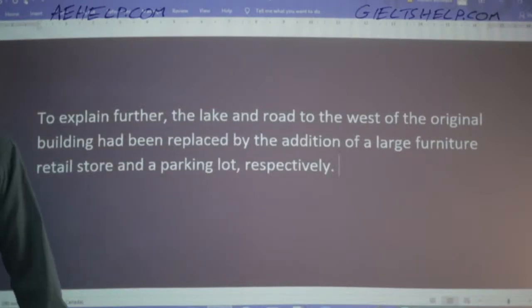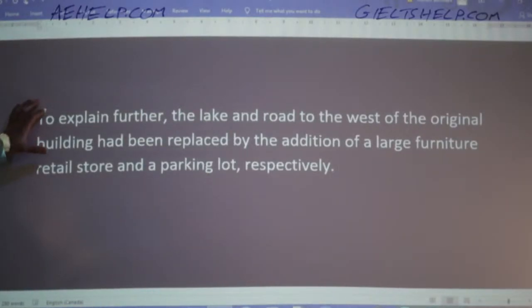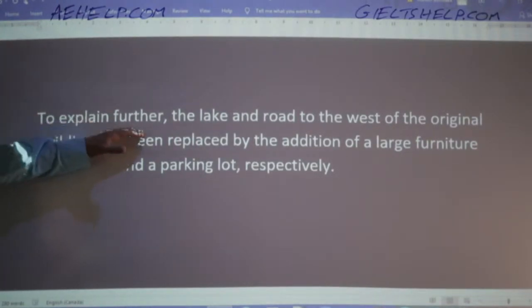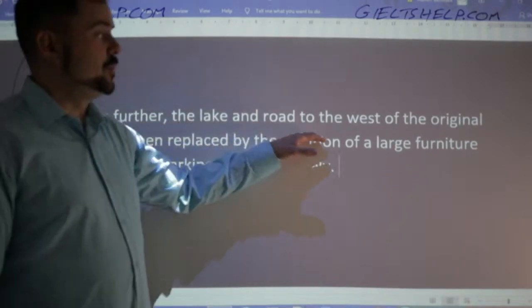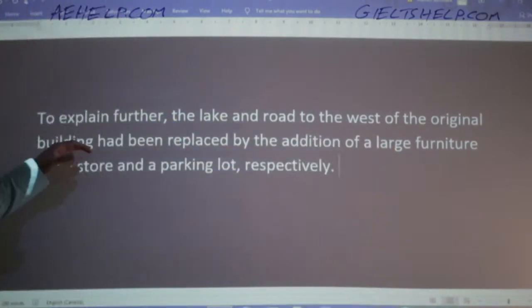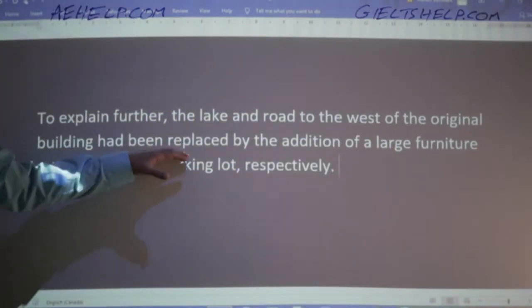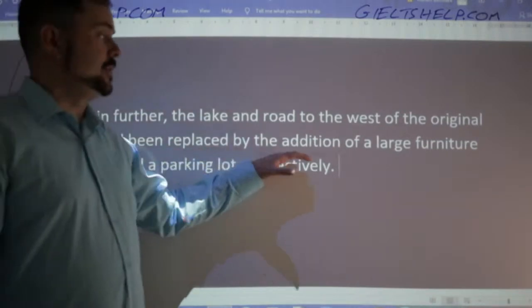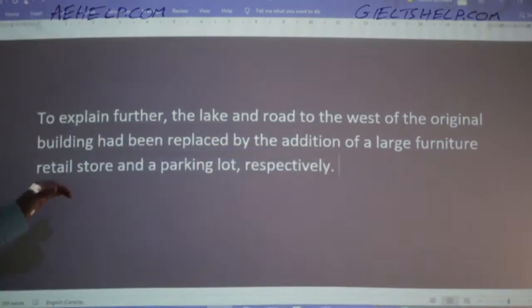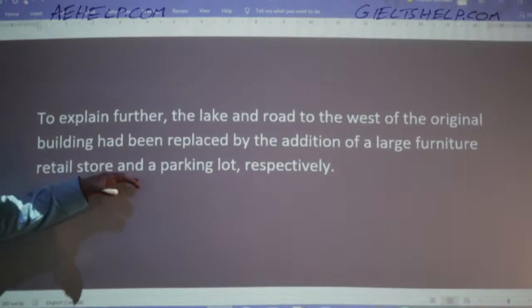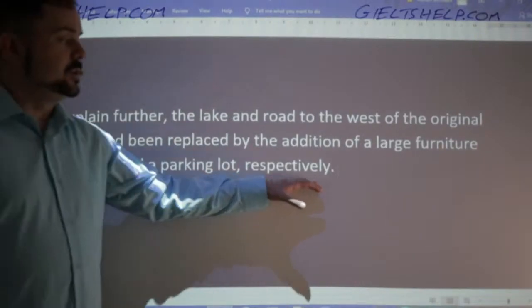So this is what I mean, Rashika. Here in the beginning of my analyses, this is where I go into more detail. So to explain further, the lake and the road to the west of the original building had been replaced by the addition of a large furniture retail store and a parking lot respectively.